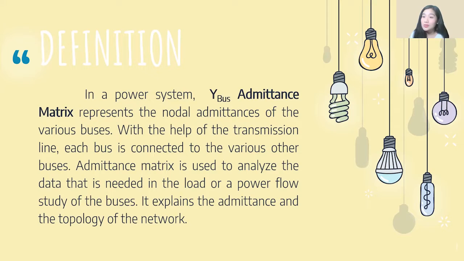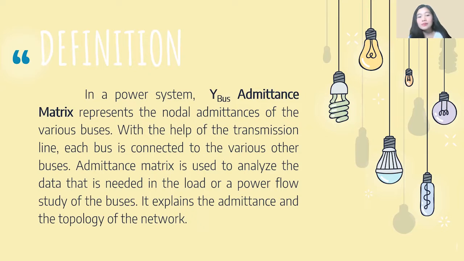Way back in our Circuits 2, or the latter part of Circuits 1, we talked about admittance, which is the reciprocal of impedance, or 1 over Z. The matrix itself we also talked about way back in Circuits 1: an n by n matrix, for example 3 by 3 or 2 by 2, which serves as our method of calculation, for example in a circuit where we are going to solve for our current.